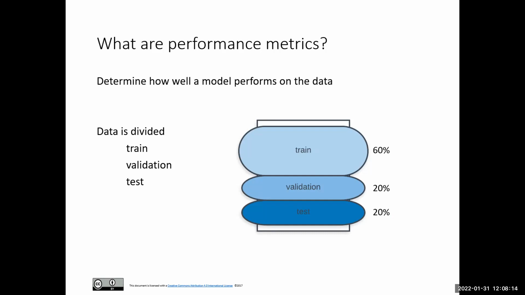We have a model, some architecture, but for that architecture, we have to learn the specific weights that connect everything in that architecture, right? And then once we've learned those weights, we can learn an infinite number of sets of weights, right? And so as we're doing this, we need to evaluate which set of weights is the best one. So performance metrics determine how well a model performs on the data.